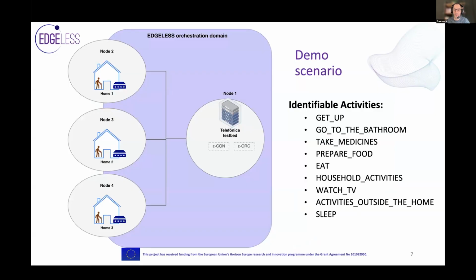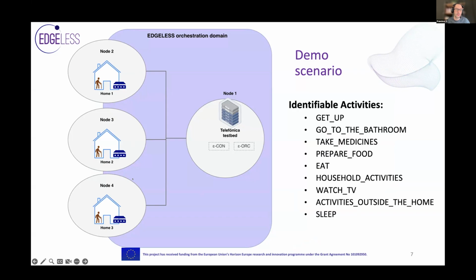Regarding the infrastructure that we are using for this use case, we are working with one Edgeless cluster with a single orchestration domain, and in this orchestration domain we have the controlling and orchestration in a testbed. In addition to that, we have one node in the testbed and 3 nodes for 3 homes.